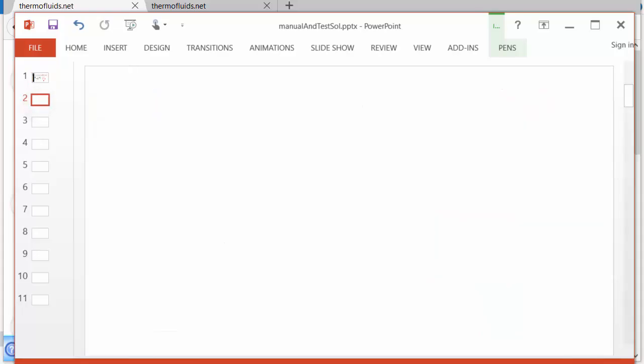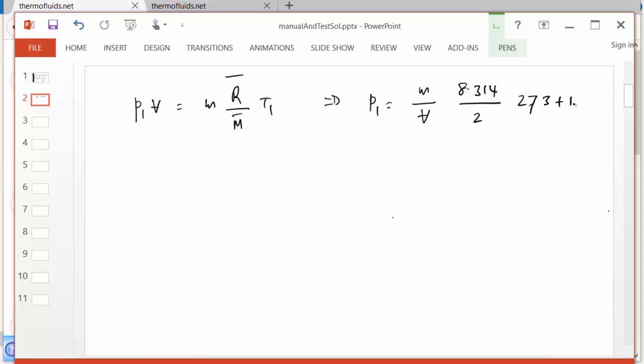So let's do that. PV equals mRT, so P1 V1 equals m R T1. That leads us to P1 equals m over V, and the volume doesn't change in this problem. 8.314 is the universal gas constant, 2 is the molar mass, and 273 plus 20, where 20 is the initial temperature.